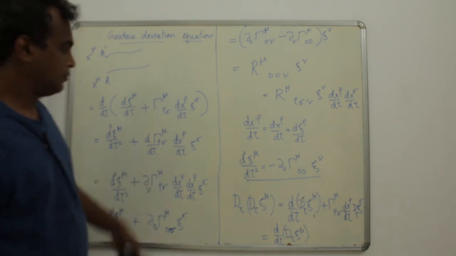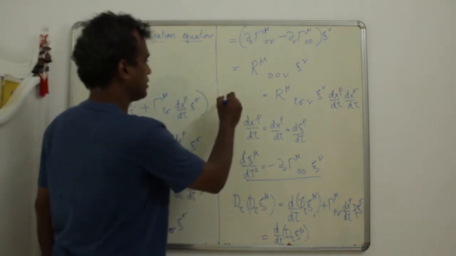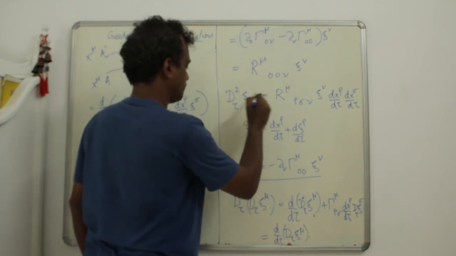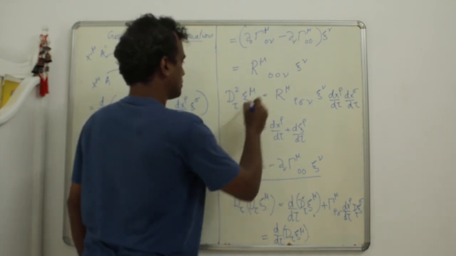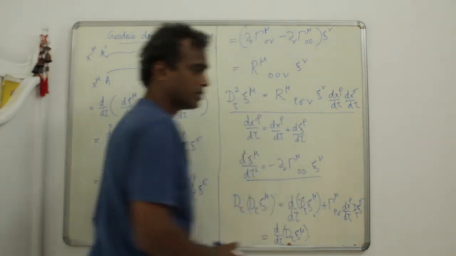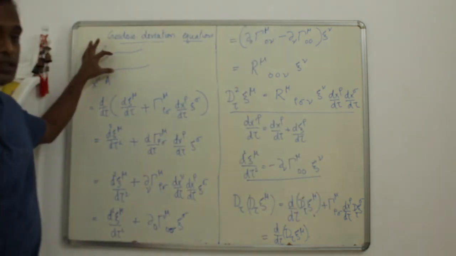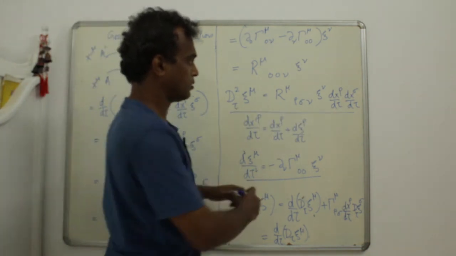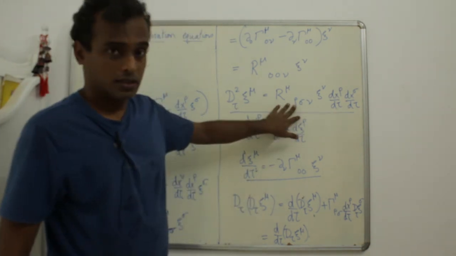And thus we get the form that the second covariant derivative of the separation between the trajectories has the form given in terms of the Riemann tensor.